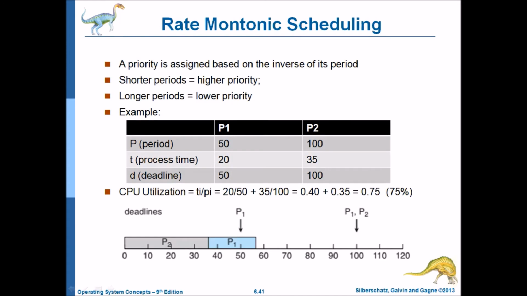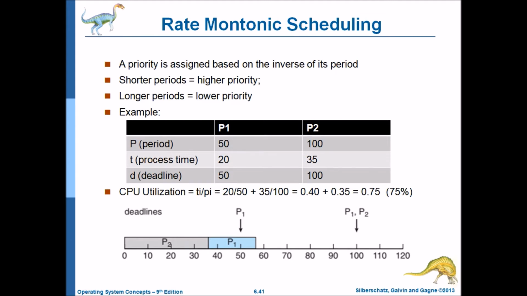Next we proceed to rate monotonic scheduling. The rate monotonic scheduling algorithm schedules periodic tasks using a static priority policy with preemption. Priority is assigned based on the inverse of its period: shorter period, higher priority; longer period, lower priority.